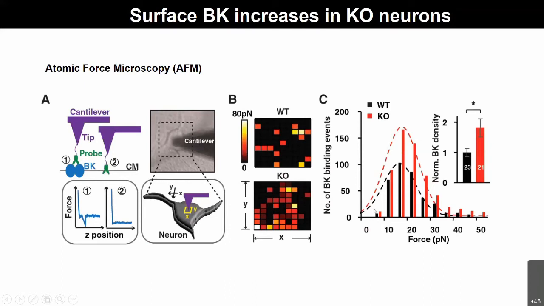By plotting the distribution of the force, we can get an idea about the BK density. It looks like the neuronal surface has a higher BK density in the knockout as compared to the wild type. Putting these two independent pieces of evidence together, we conclude that there is indeed an increased functional BK surface in the knockout neurons as compared to the wild type.